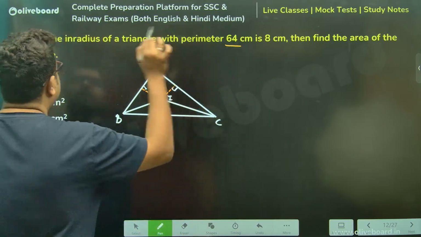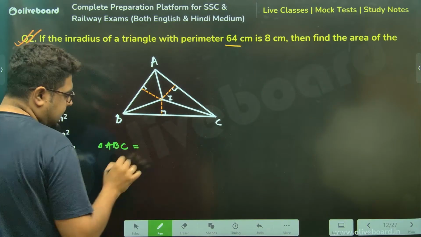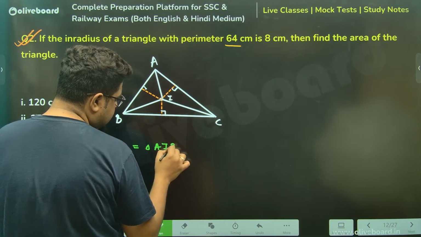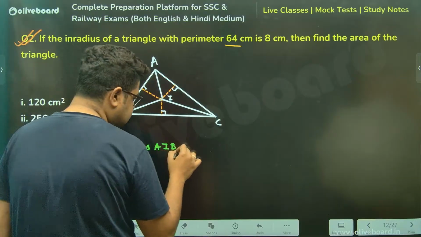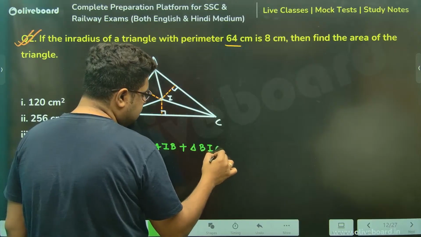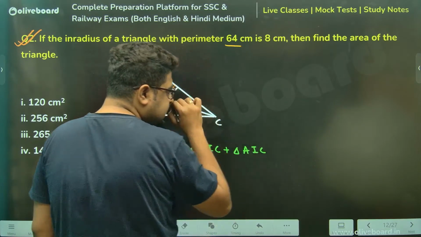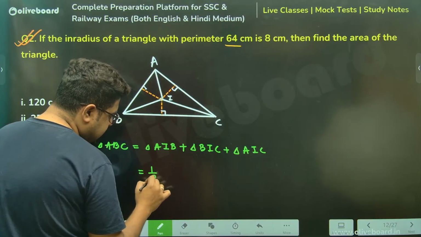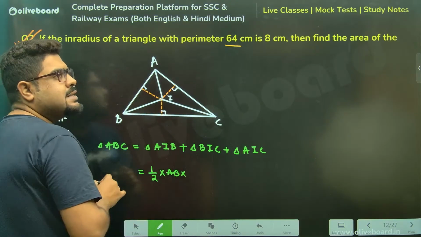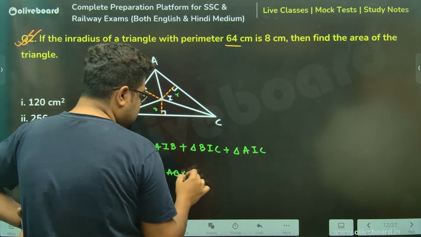Now please understand, if I say this is point I, the area of triangle ABC can be written as area of triangle AIB plus area of triangle BIC plus area of triangle AIC. Now AIB is half into AB into R, the inradius.